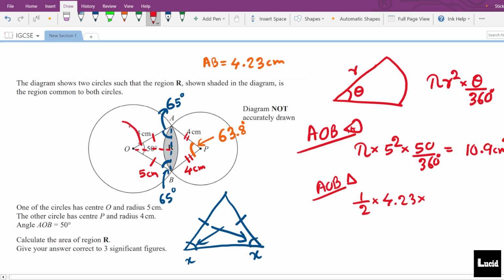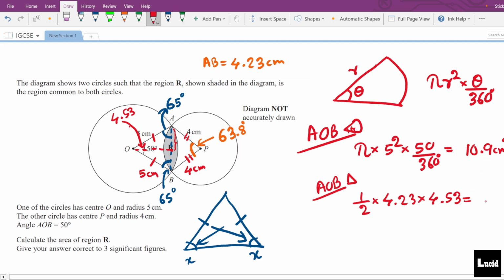You know the length OA is 5, and half of AB is 4.23 divided by 2. Using Pythagoras, the height is 4.53. Then the answer would be 0.5 into 4.23 into 4.53, which is 9.6 centimeters squared.